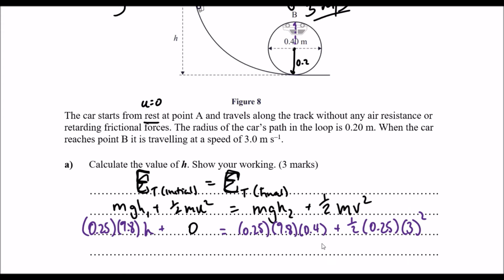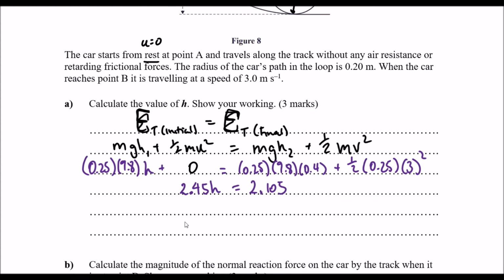So let me just calculate the values on both sides. On the left-hand side, we have 2.45h equals 2.105, so h is equal to 0.105 over 2.45. So let's see what that gives us as an answer.